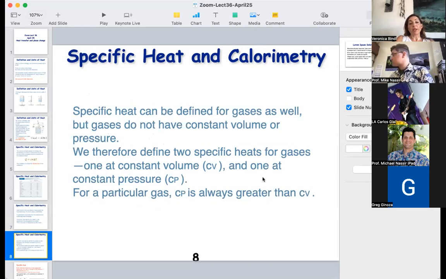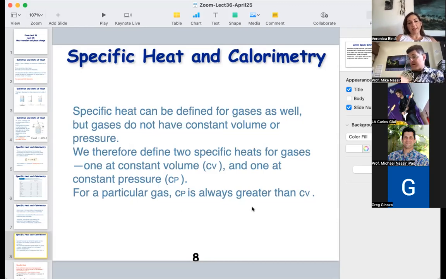And one with constant pressure instead, when we keep the pressure constant, but what might change is the volume. And we have CP. And for a particular gas, what we notice is that CP is always greater than CV.